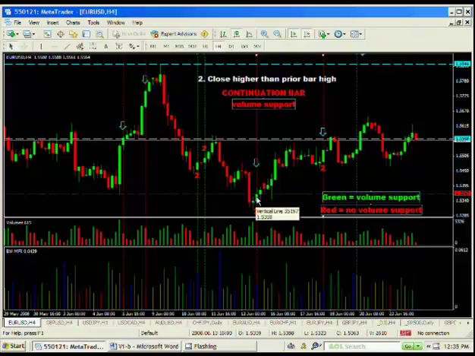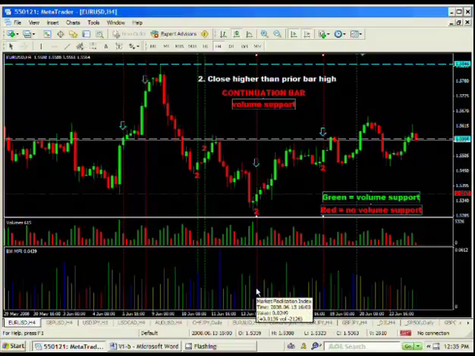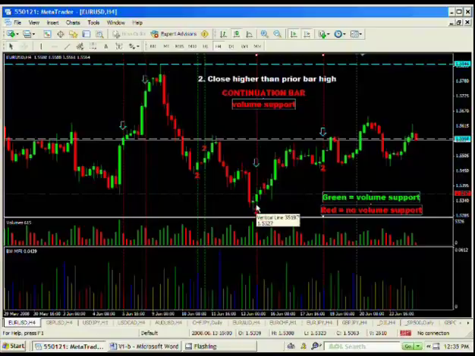Why do we have a strong bar but it's not supported by volume? And that's when you start looking and you say, okay, operators are in here, they bought here, so this is their bar, and they're going to protect this low for the most part, because this is where they come in.